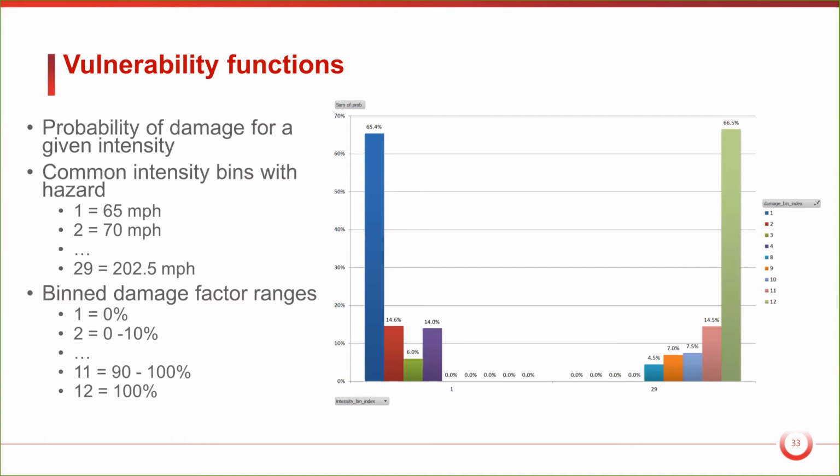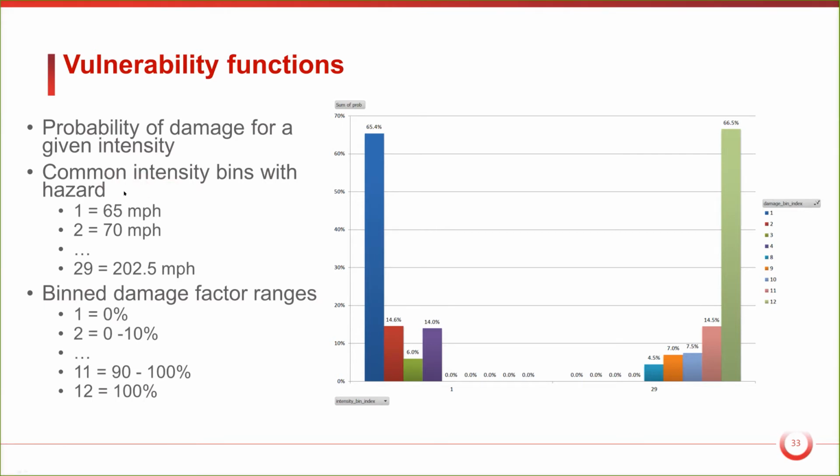Going to the next stage, vulnerability. So again, we have probability distributions. Here, model providers do tend to capture the secondary uncertainty. So the definition of a vulnerability function is a probability of damage for a given intensity. Importantly, we do have to have common intensity bins with the hazard.